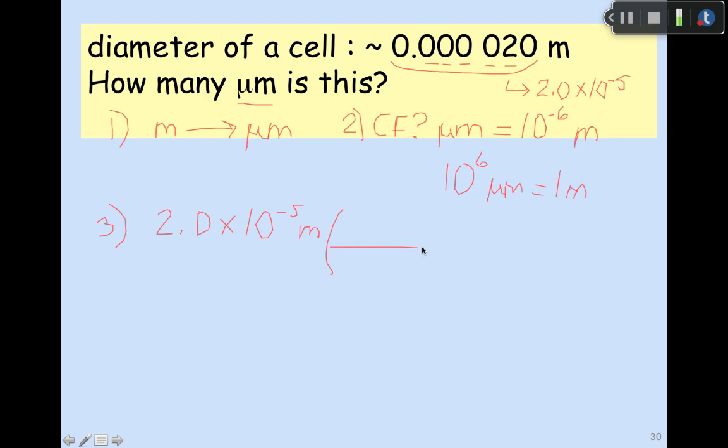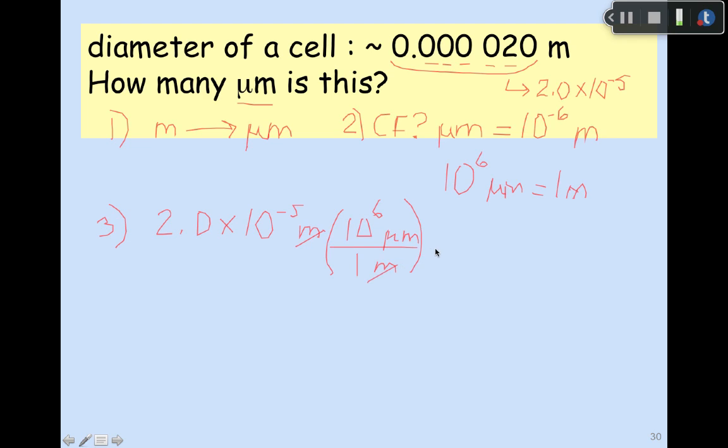And now we're going to set this up so we get it to micrometers. So 10 to the 6th micrometers, divided by 1 meter. They're equivalent. Now, the meters will cancel. That's the goal.